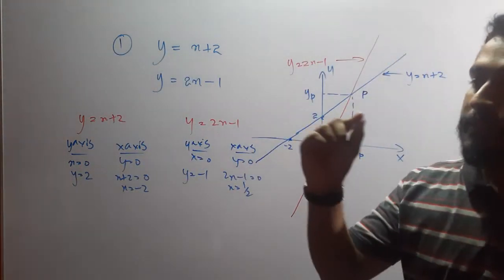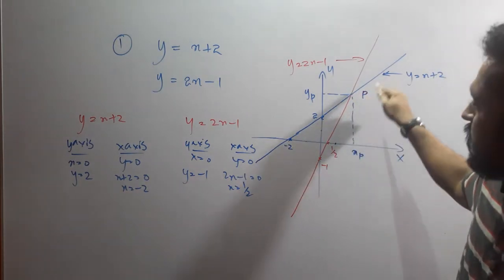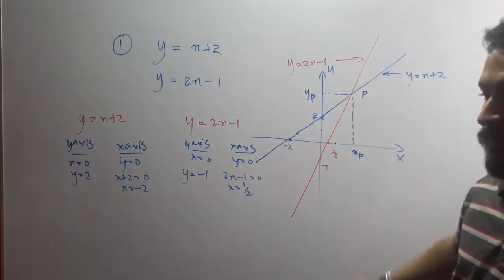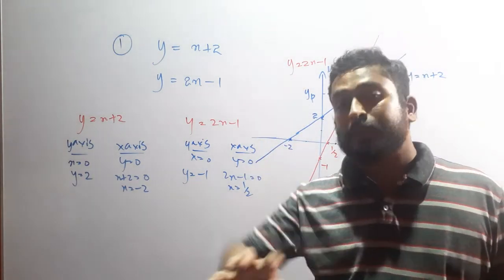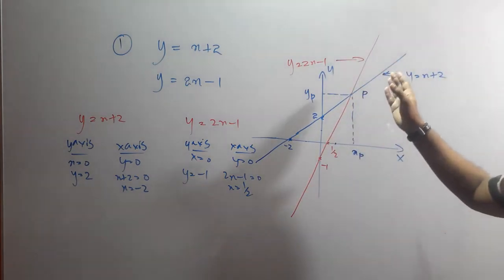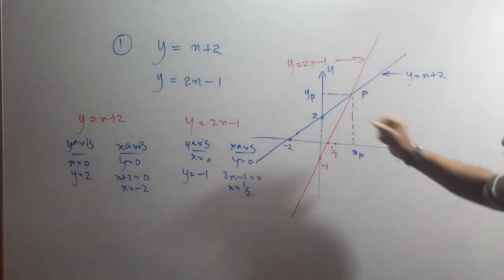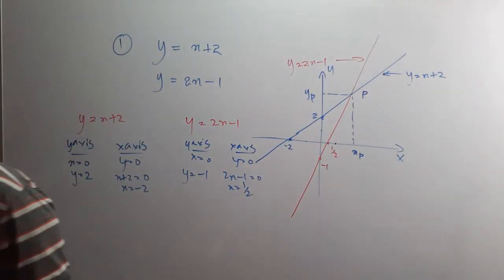What is the special observation at the cutting point when we consider the two graphs? Come on, what is your special observation?